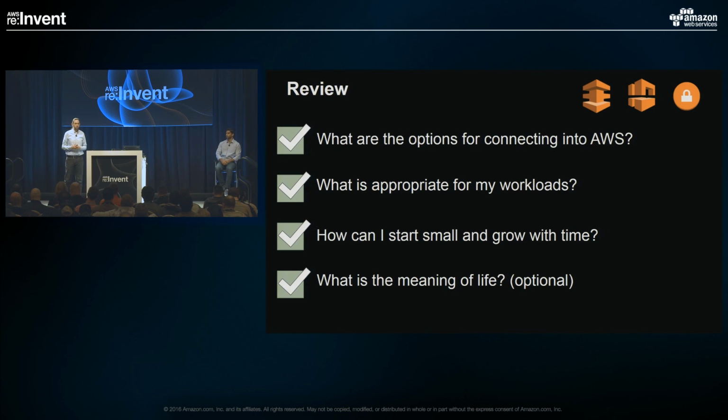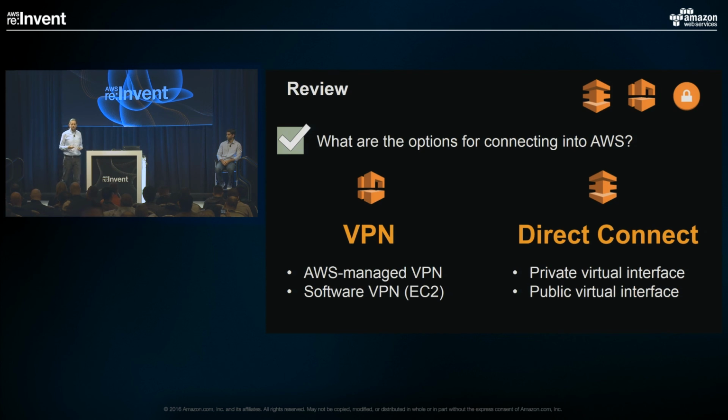I'd like to do a quick review of the things that we covered today based on the agenda that we set out for ourselves. We compared and contrasted AWS Managed VPN and Software VPN. We talked about Direct Connect and the physical options that there are to connect to it.